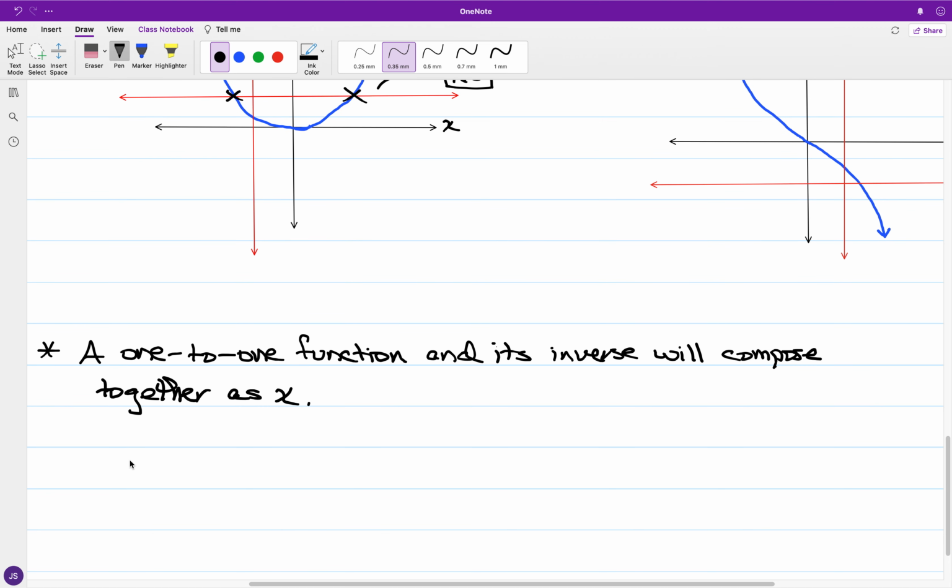Just kind of going back to quite a few sections ago for composition between functions.